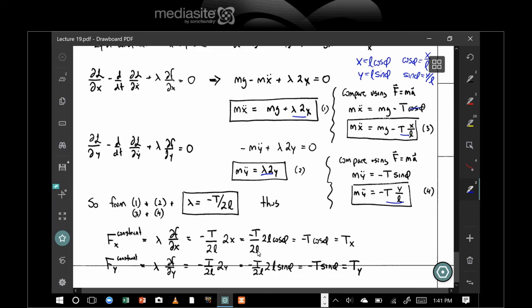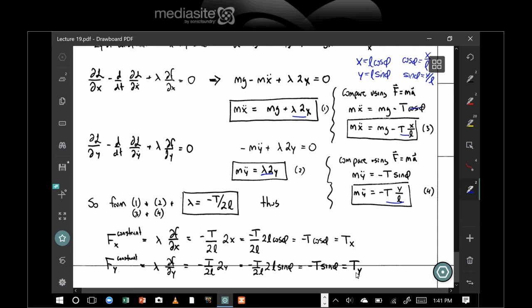The L's cancel out, the 2's cancel out, and I get minus T cosine phi. And that's just the x component of the tension. I do the same thing for y. Again, I have the same multiplier, partial f with respect to y, that's 2y. And then I get minus T sine phi, that's the y component of the tension.